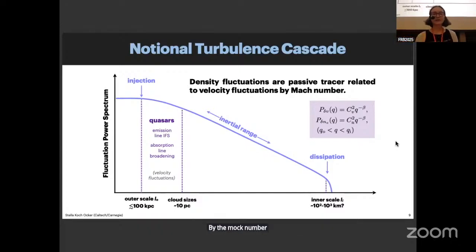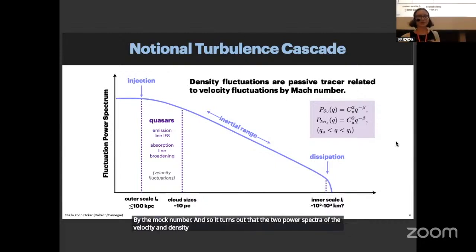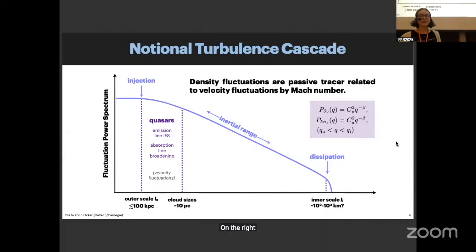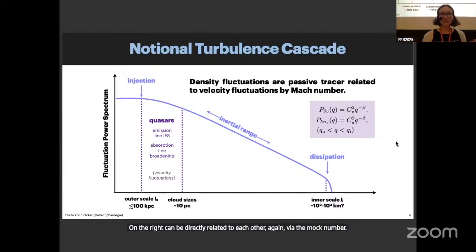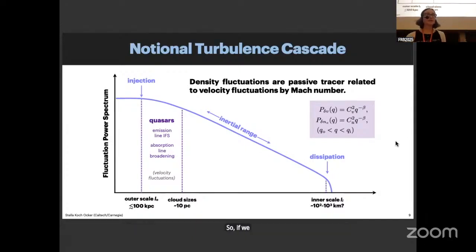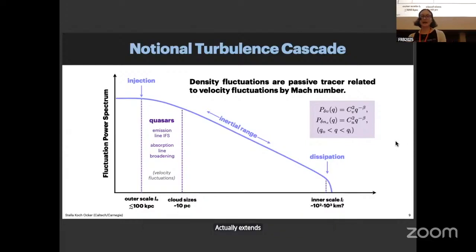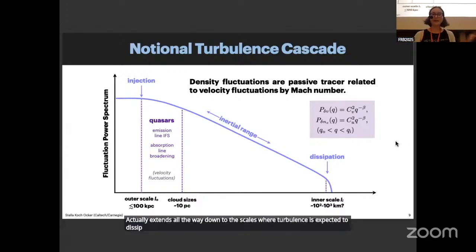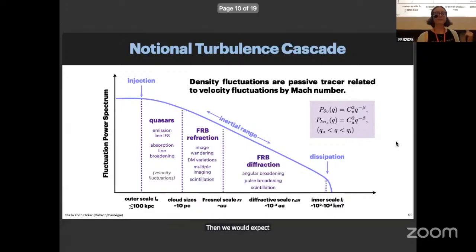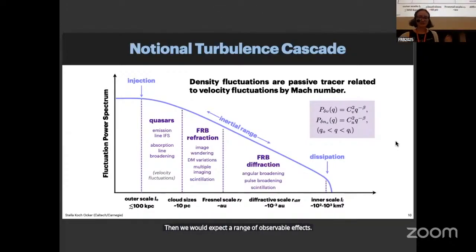And so it turns out that the two power spectra of the velocity and density fluctuations, which are shown on the right, can be directly related to each other, again, via the Mach number. If we assume that the turbulence responsible for these velocity fluctuations actually extends all the way down to the scales where turbulence is expected to dissipate, then we would expect a range of observable effects from FRBs.